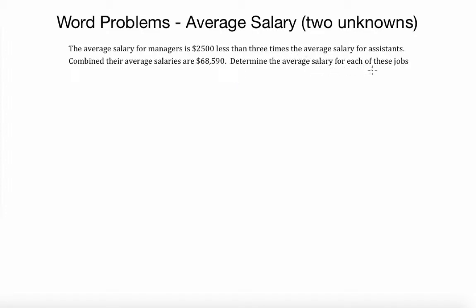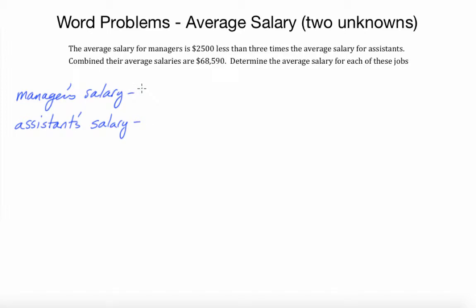Determine the average salary for each of these jobs. So I'm asked to find two things, right? I'm asked to find the manager's salary and I'm asked to find the assistant's salary, which is just simply how much they make in a year.